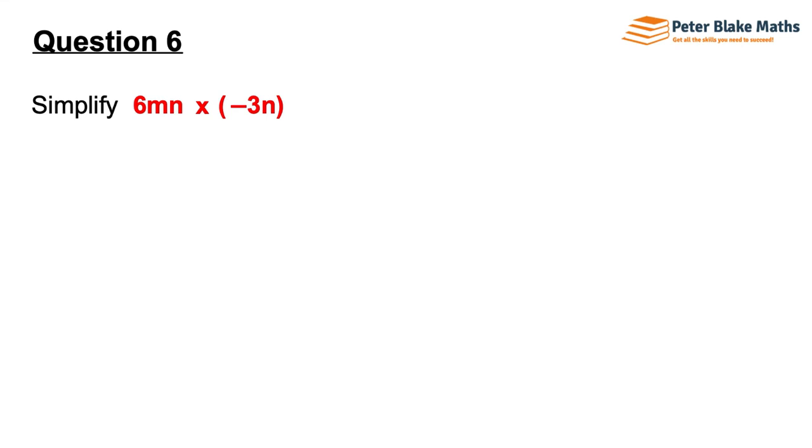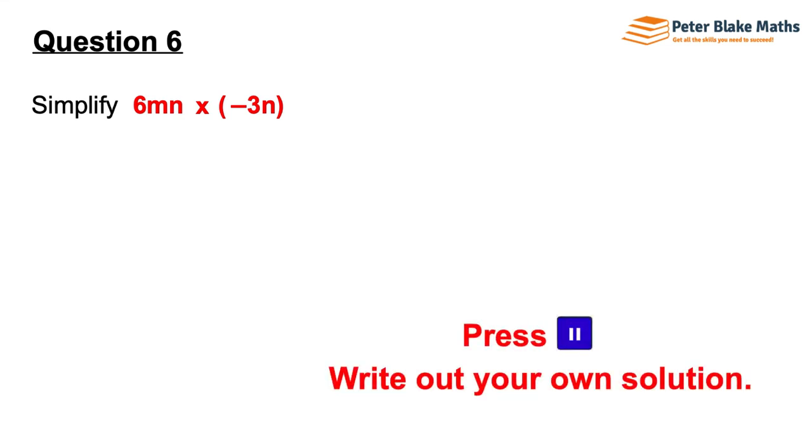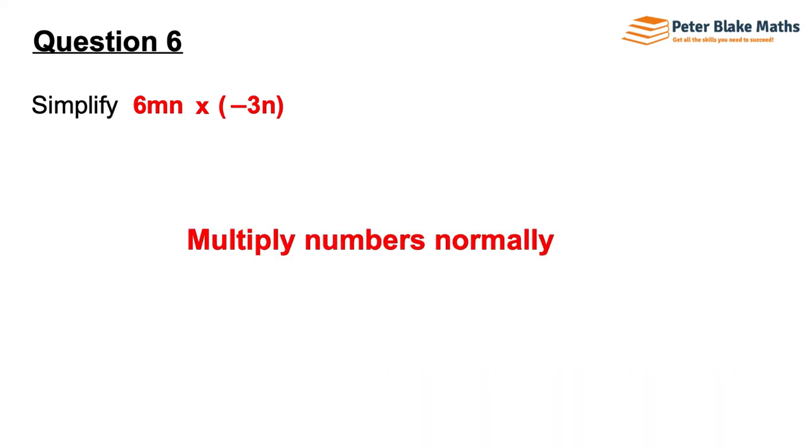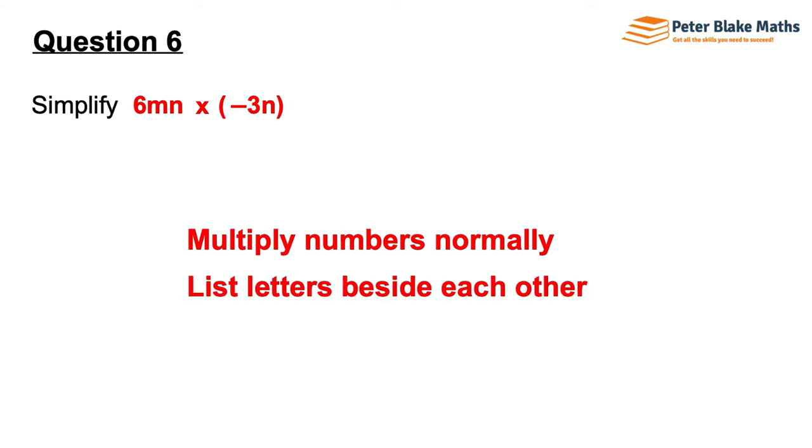Question 6. Simplify 6mn times minus 3n. We'll multiply the numbers normally and we'll list the letters beside each other.